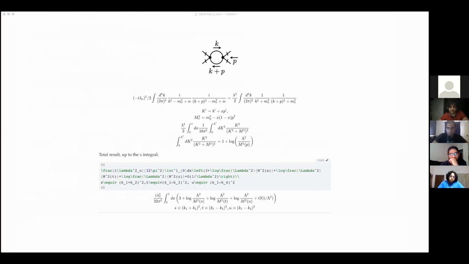So what's the observable of interest here? It's the 1PI diagram with 4 external legs, 4 amputated legs. And in convenient notation, in other words, Lutti's notation, it looks like this.